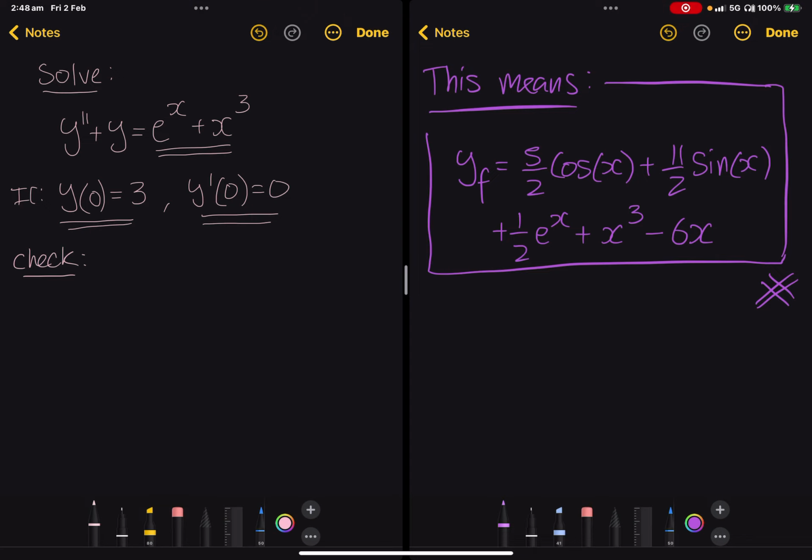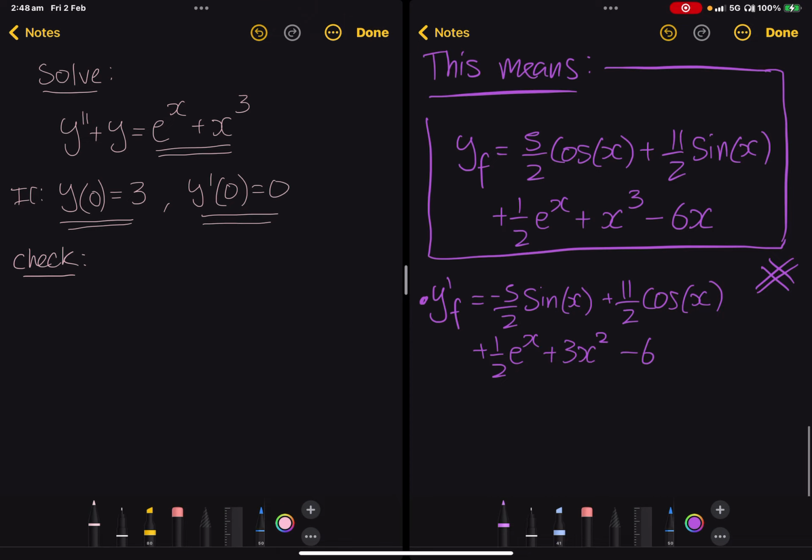So we'll take a first derivative. So y prime of the full solution: cosine becomes minus sine, minus 5 on 2 sine of x, plus sine becomes cosine, 11 on 2 cosine of x, plus 1/2 e to the x, plus 3x squared minus 6.